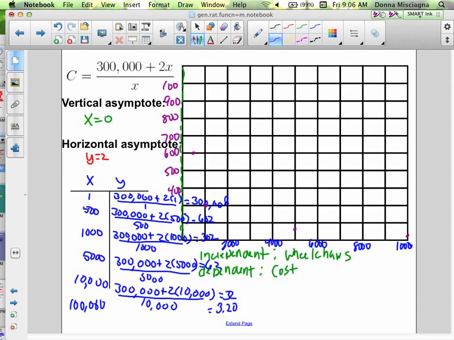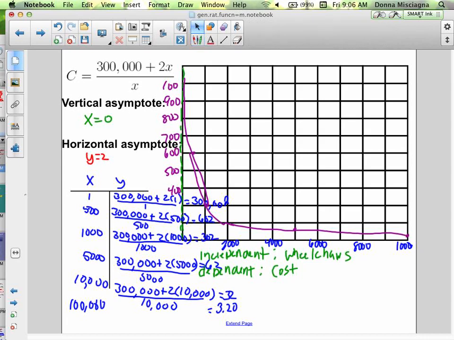And of course, if we made 100,000, then we'd be down to quite a lot less. This is obviously going to go like this. Oops, I missed my point. And of course, it's going to keep on decreasing. So I think it's pretty clear that as we make more, the cost goes down.